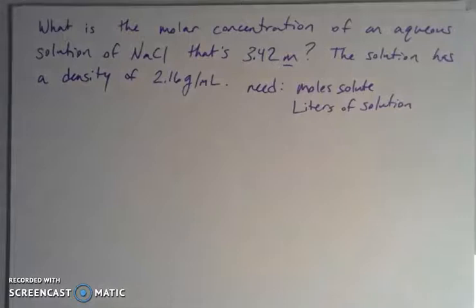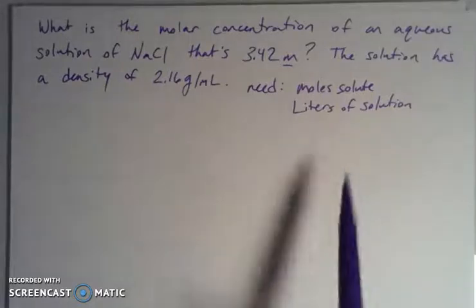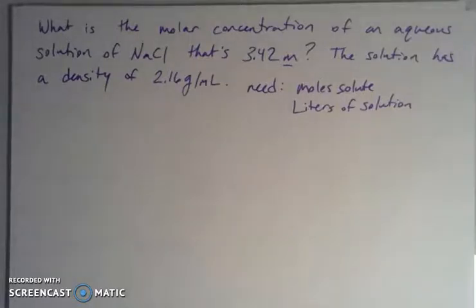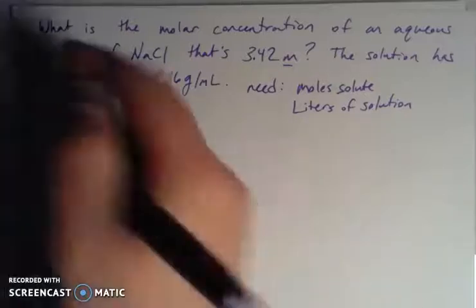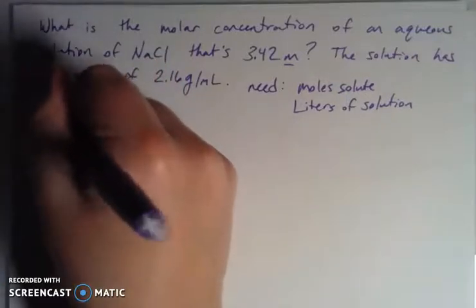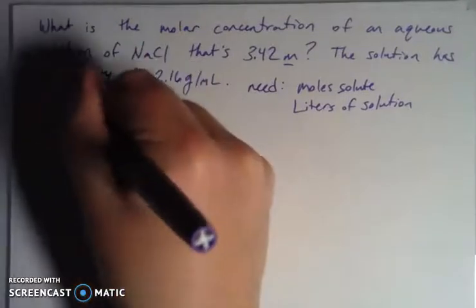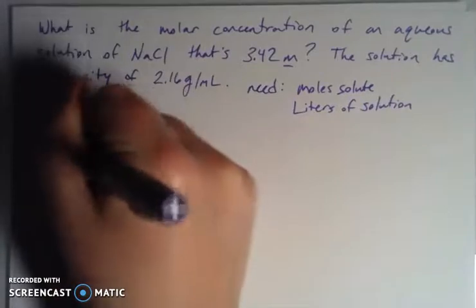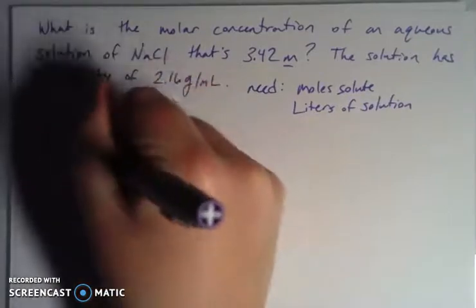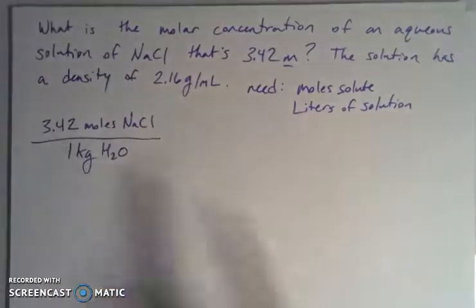So in order to do that, I like to start with the liters of solution part. We're given a density, we have a molality. So that means if we unpack this, we have 3.42 moles of NaCl for every 1 kilogram of water. And I know that it's water as my solvent because it tells me it's an aqueous solution.